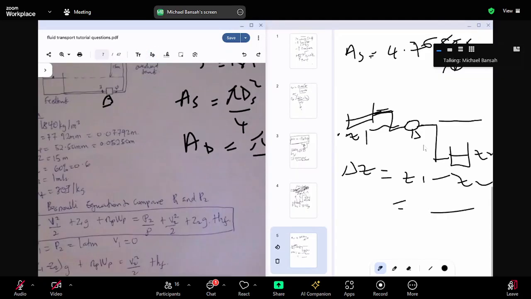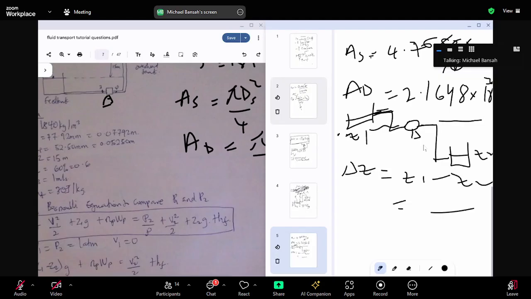Okay, where was I? I found the area of the suction, the area of the discharge. That is also 2.1648 times 10 power minus 3. Now, if you have these areas, it means if you have an idea of the velocity, you can find volumetric flow rate.